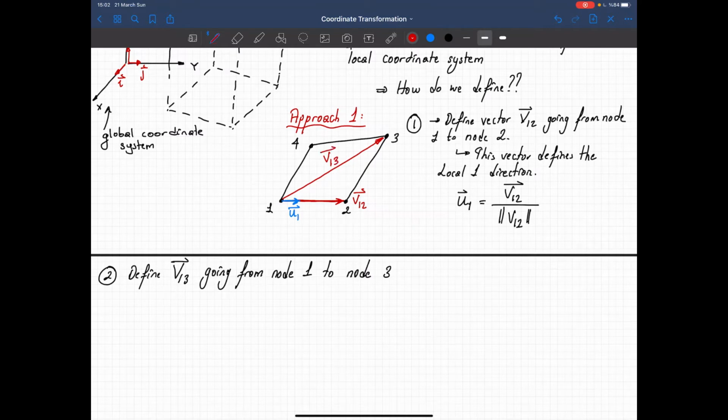The third step is the local 3 direction, in other words the outward unit normal, which can be calculated.